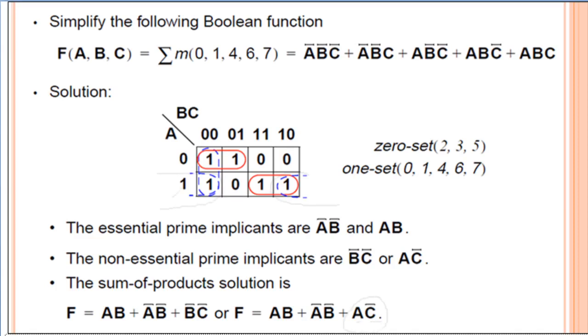That means from this a, and in these two values you have to take the common value c bar, and b bar plus b become 1, and you will get only c bar, and this is a c bar.